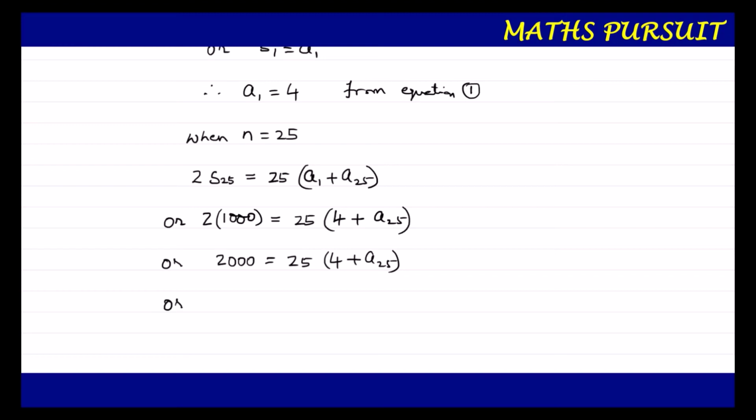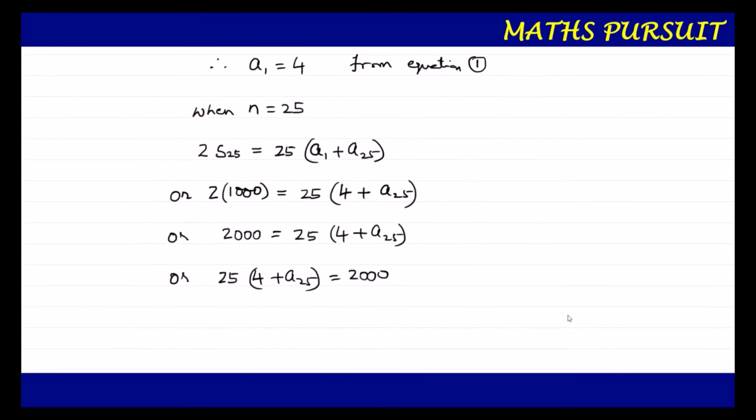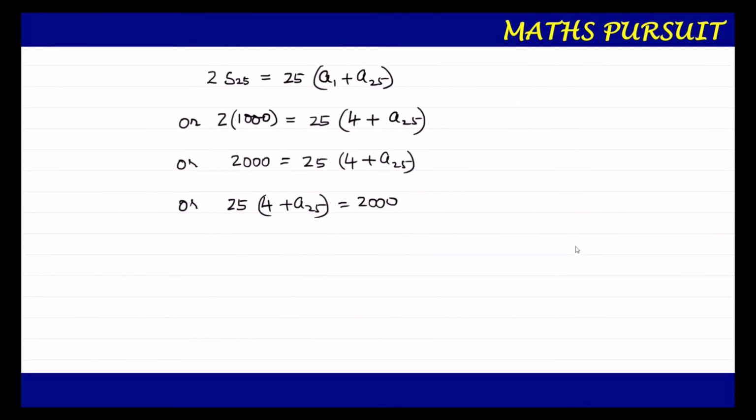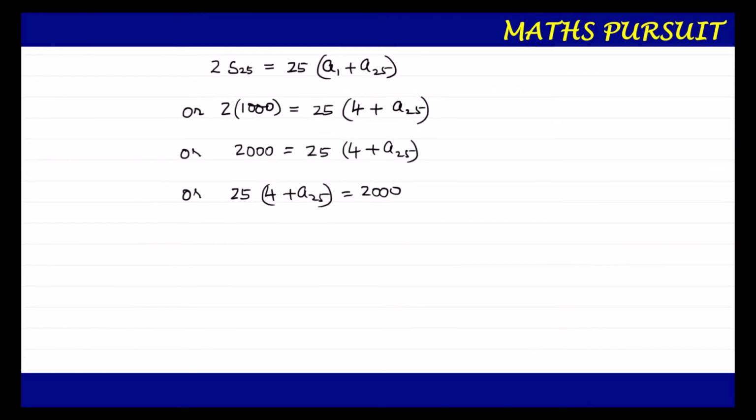Or, in other words, 25 into (4 plus A25) is equal to 2000. Just in order to make our calculations easy, I reversed it. Nothing is going to be wrong if I write the equation like this. So 4 plus A25 is equal to 2000 upon 25.